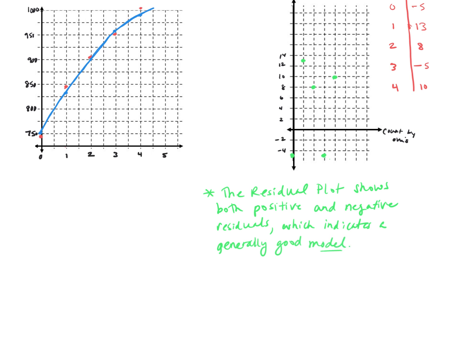And when we say model, we're saying function, that f of x function that the director came up with. How good of a model or predictor was that?